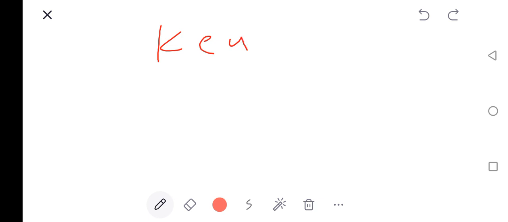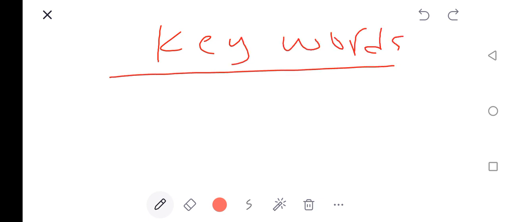Okay. So my interest is identifying inequalities. They are words. They are key words that you look for in the question.